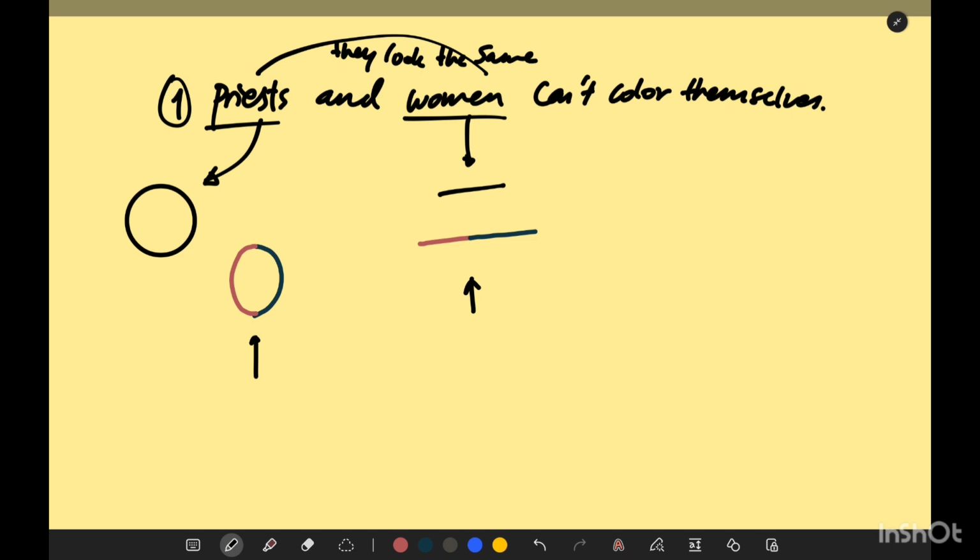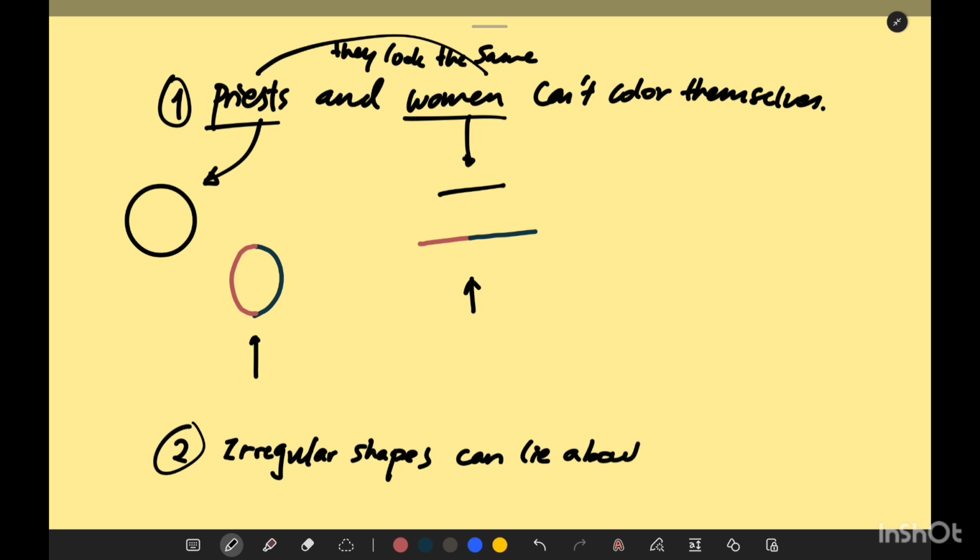And the second thing that people were bothered about is that irregular shapes can lie about their regularity. Like before, when we were seeing and feeling each other, they were under further scrutiny, right?